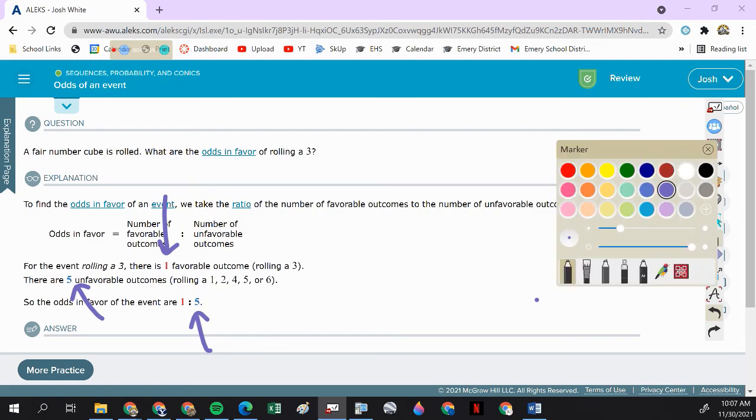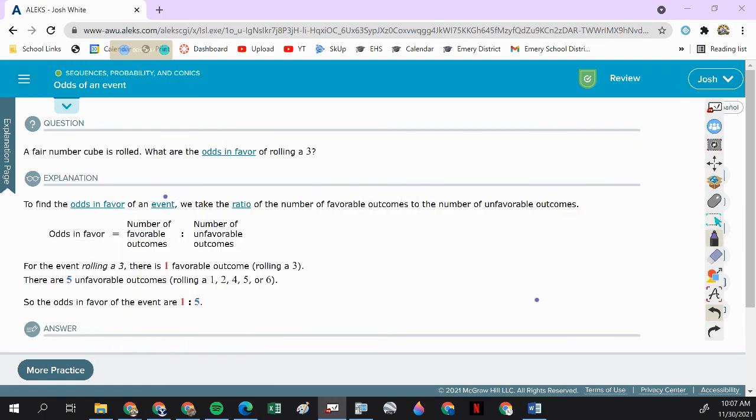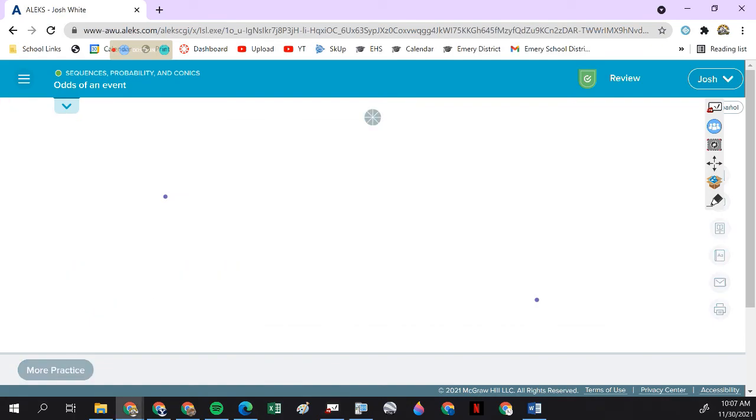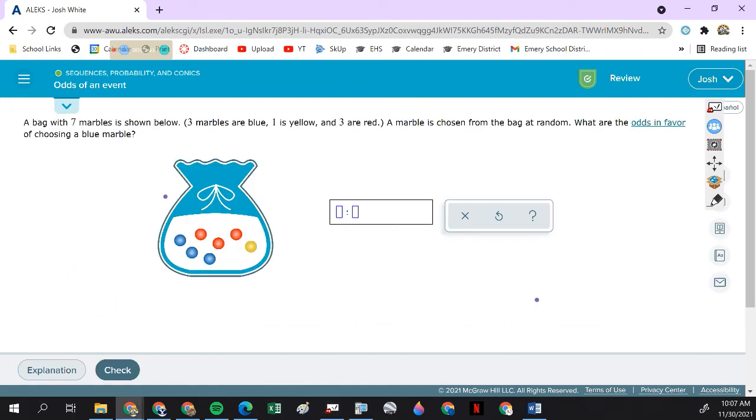Okay, let's do another one of those. A bag with 7 marbles is shown below. 3 blue, 1 yellow, 3 red. What are the odds in favor of choosing a blue? Well, 3 out of 7 are blue. But the odds would be 3 to 4, because there are 3 ways of winning and 4 ways of losing.